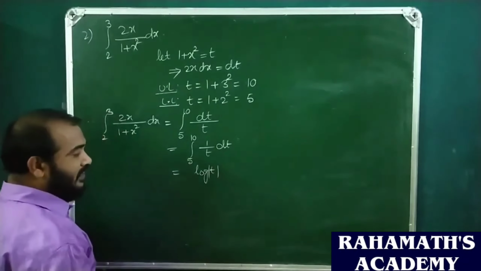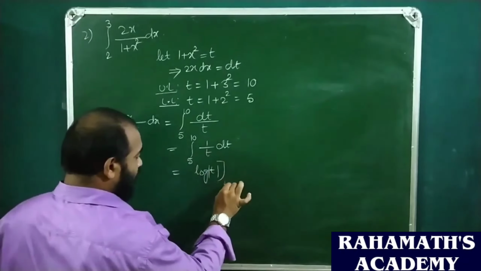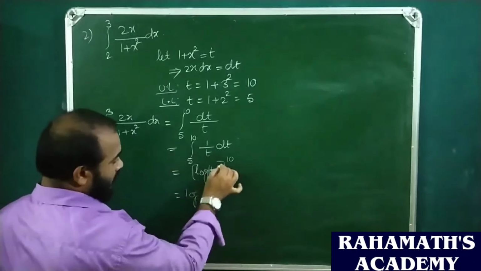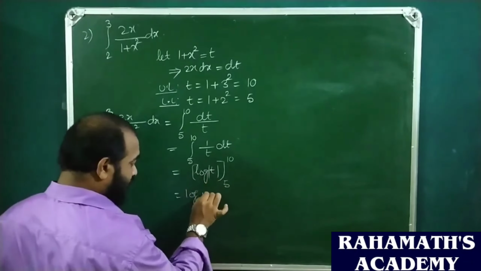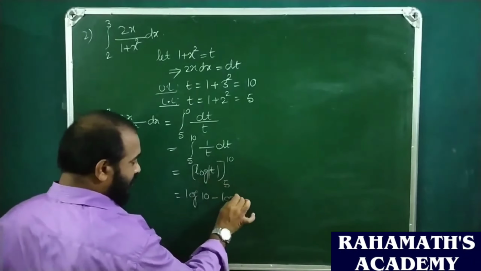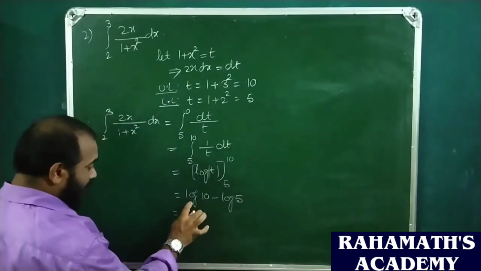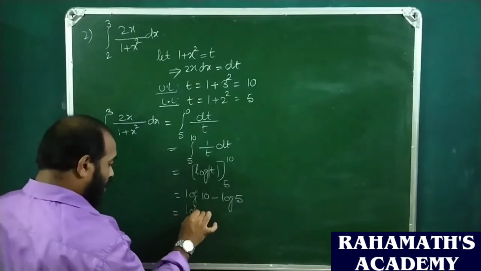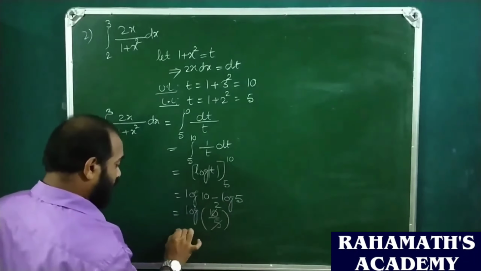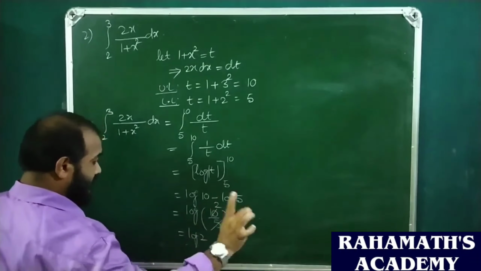As the process of integration is over, we write the limits 5 to 10. In the place of t substitute the upper limit, minus log of the lower limit. Log a minus log b is log a by b. So log 2 is the answer.